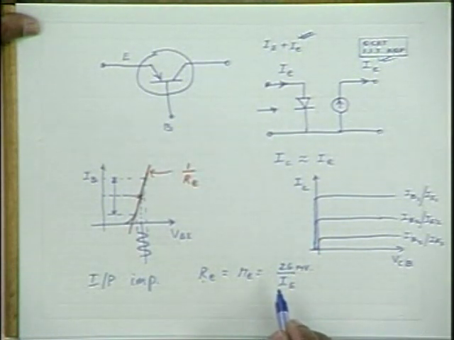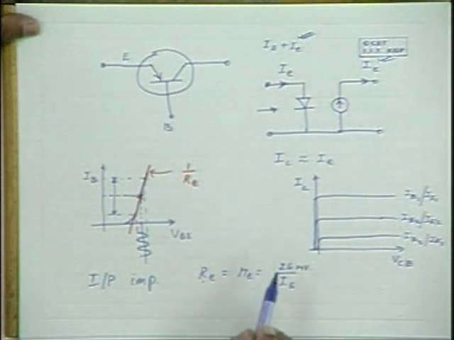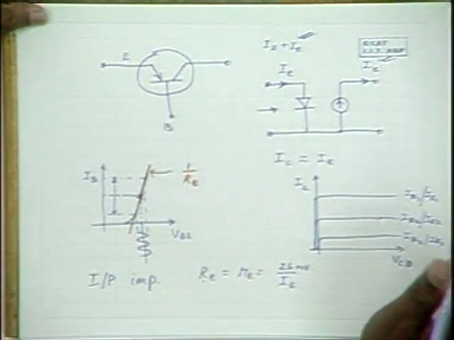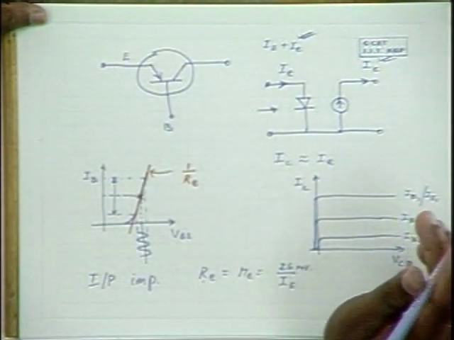And if IE is 1 milliampere, RE is 26 ohms as an example. So that is the order of the input impedance this transistor offers under common base configuration.